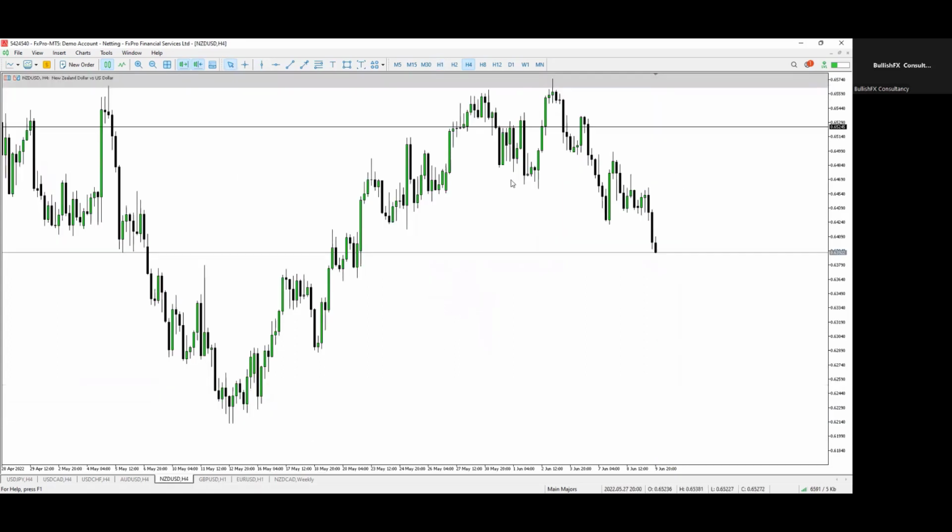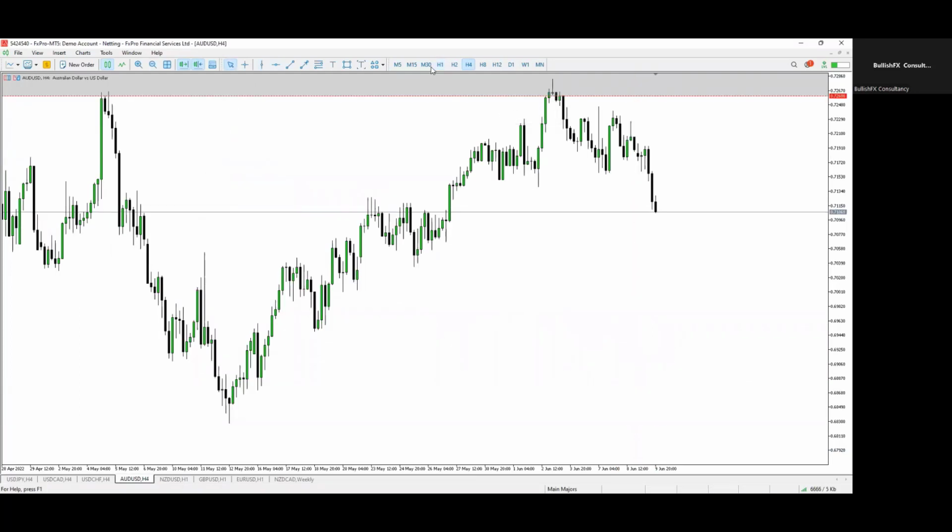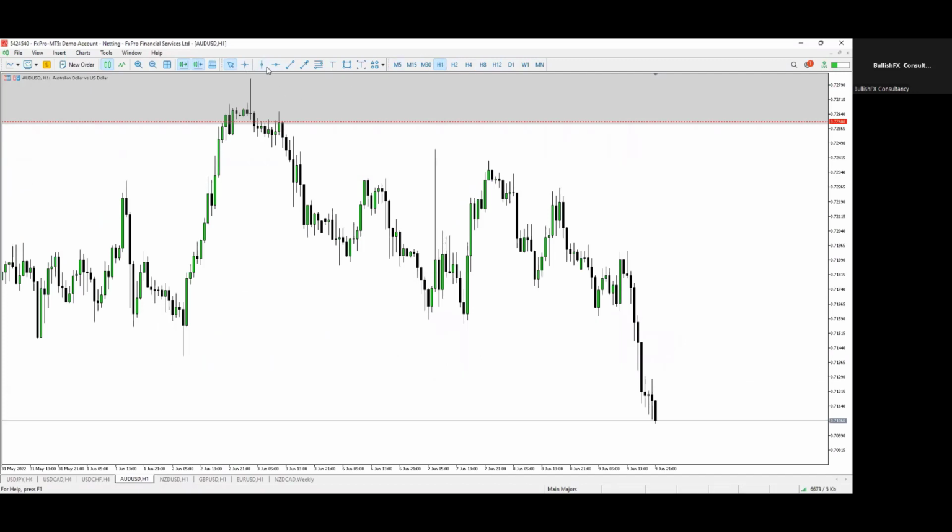Then you go to NZD USD, hourly chart, highlight the 4 o'clock candle. That's 4 o'clock. Then you go to Aussie dollar. You see, already these are pairs that are correlated to pound USD in terms of directional bias. That's 4 o'clock on Aussie dollar.